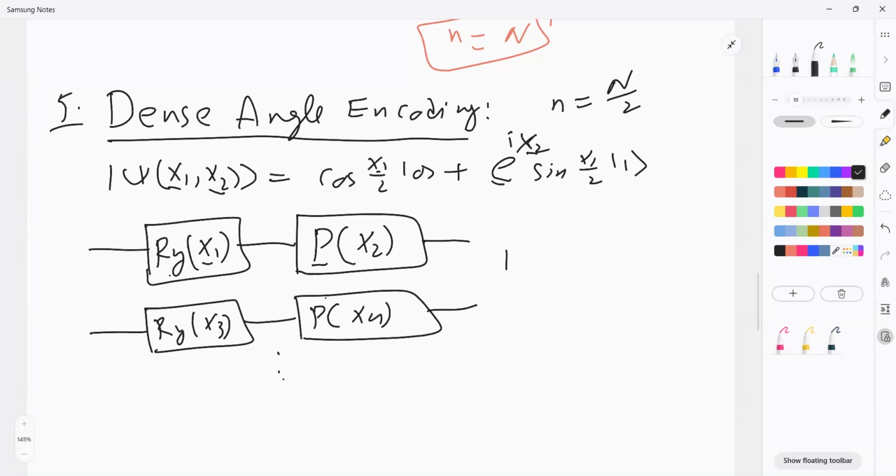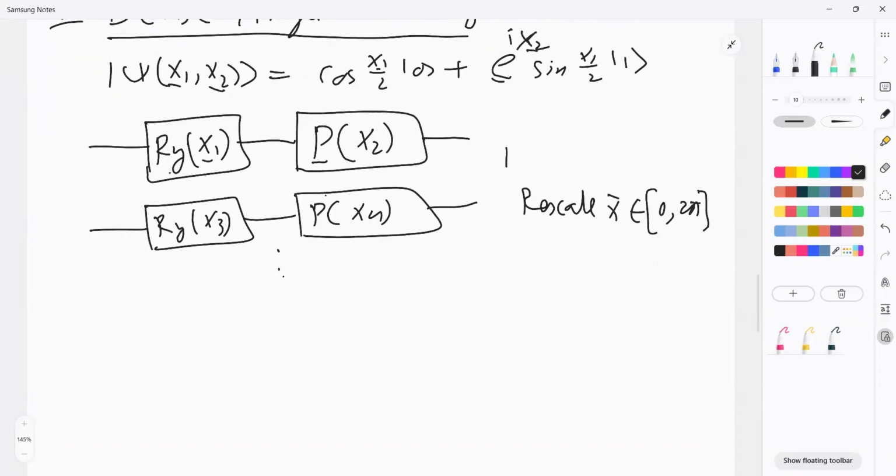All right, good. And you can see again that we will have to rescale our data so that all features are within 0 and 2 pi for this to work. All right.